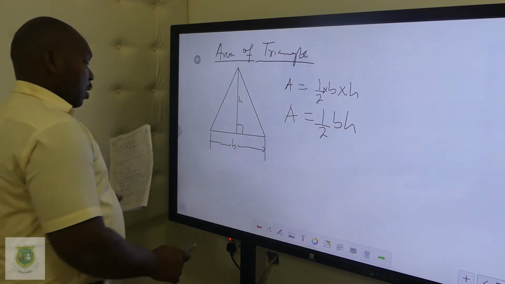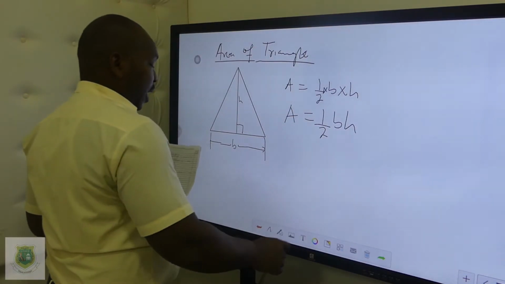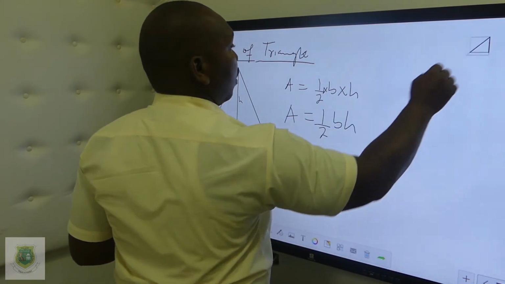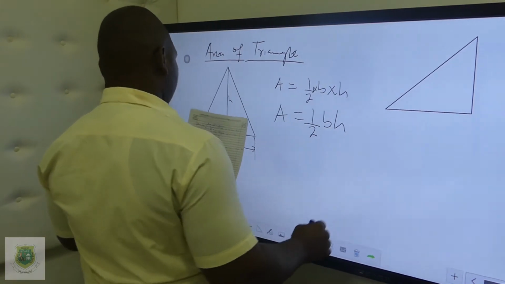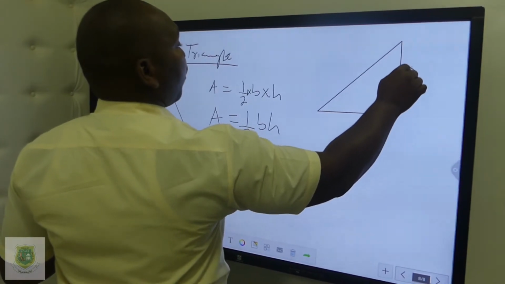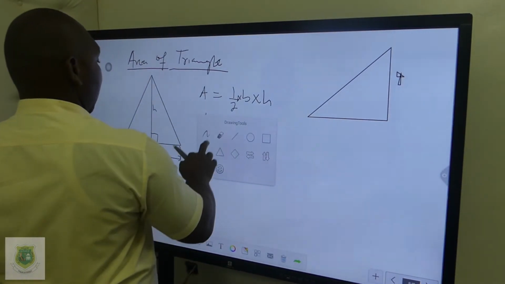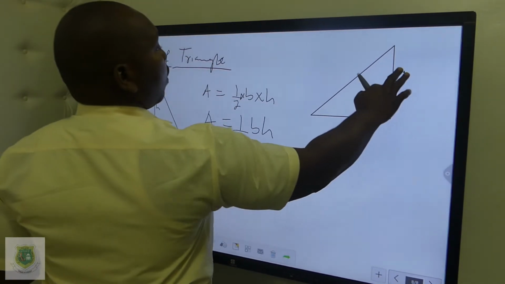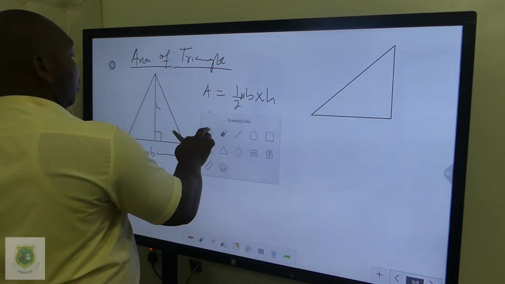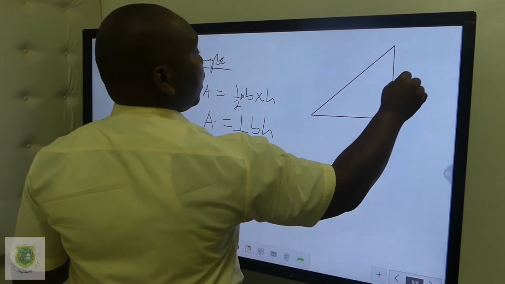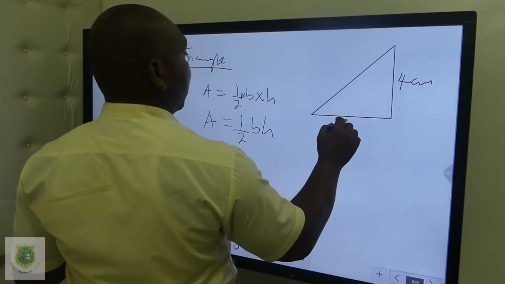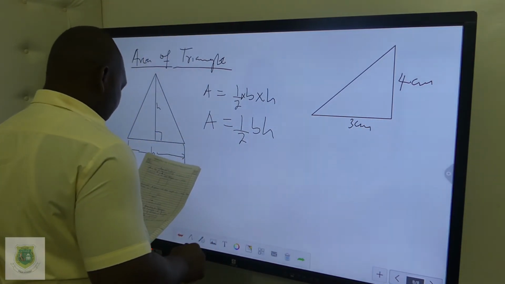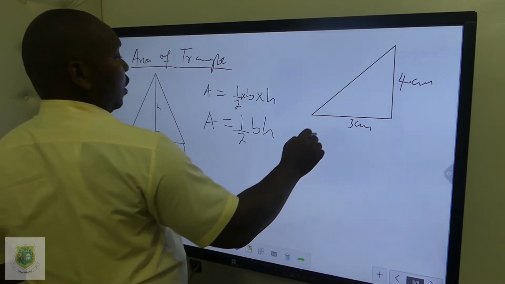So let's say we are given this triangle, where 4 centimeters is the height and 3 centimeters is the base. How do we do it?